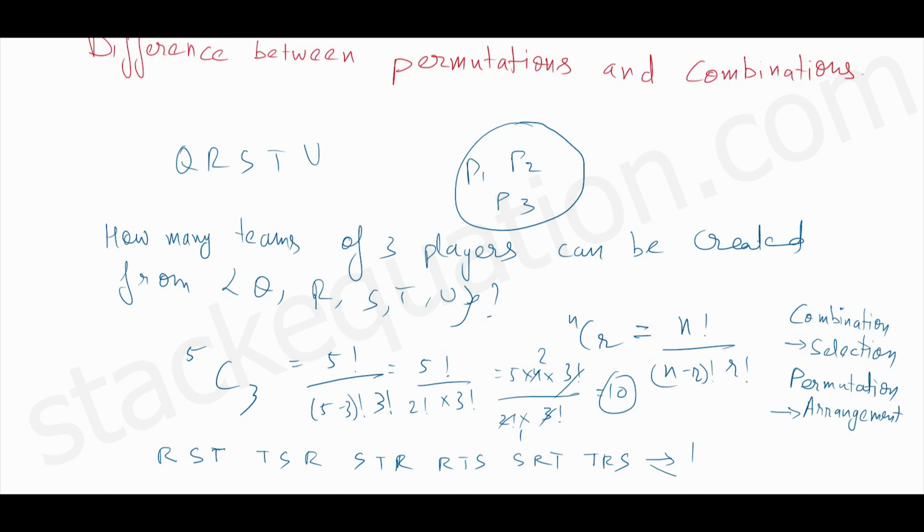But permutation will count them as 6 distinct arrangements, and combination will only count this as 1, right? It doesn't consider the arrangement among the players, right?